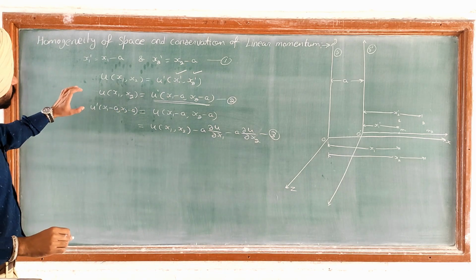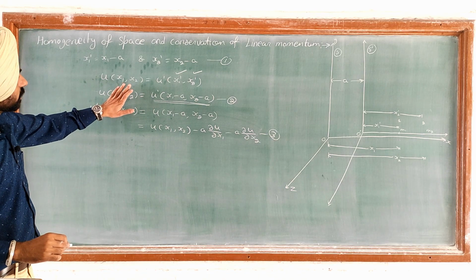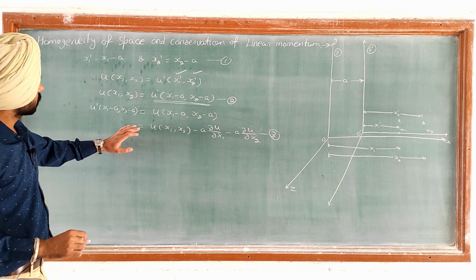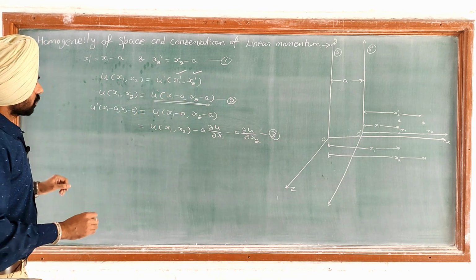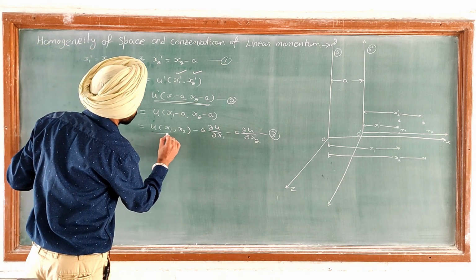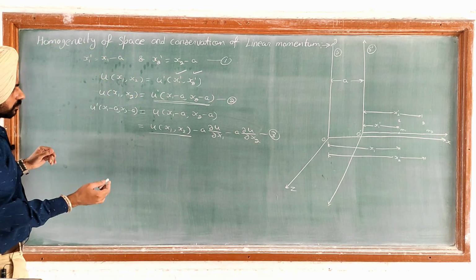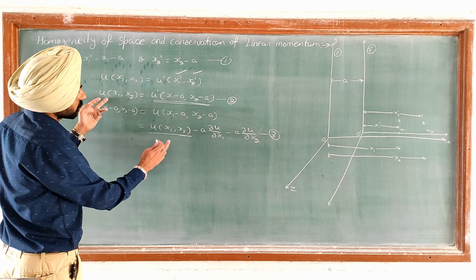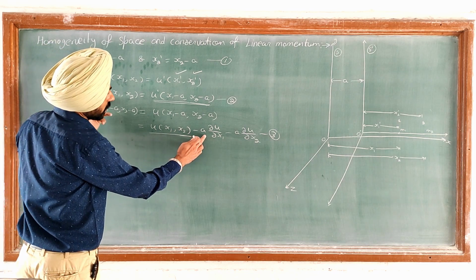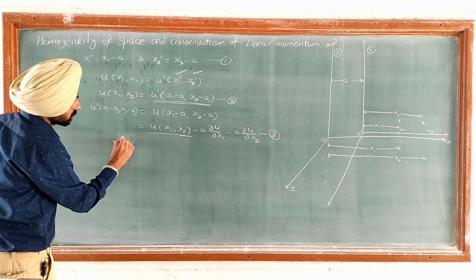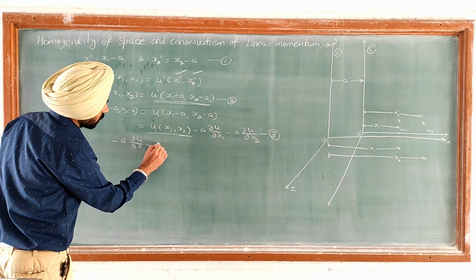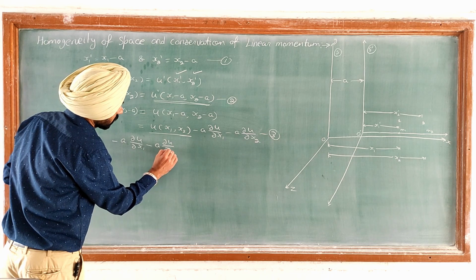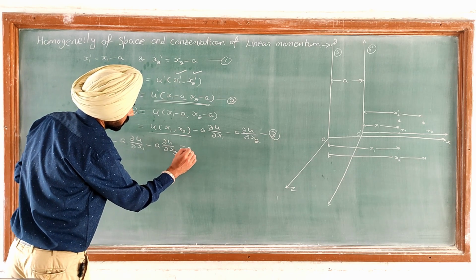Now from the homogeneity of space we know U(x1, x2) is equal to U prime (x1 prime, x2 prime). So this U(x1, x2) on the left cancels with the U(x1, x2) term. I can write it as minus a ∂U/∂x1 minus a ∂U/∂x2 is equal to 0.